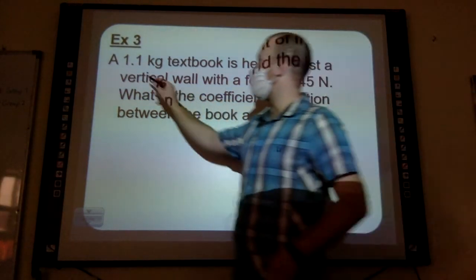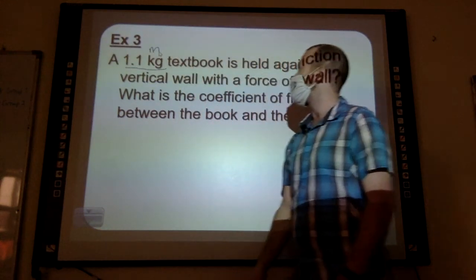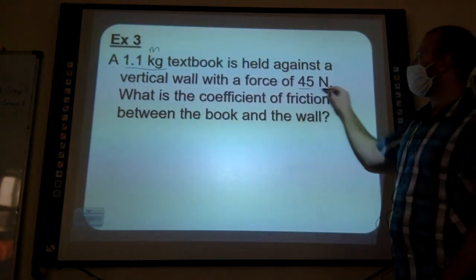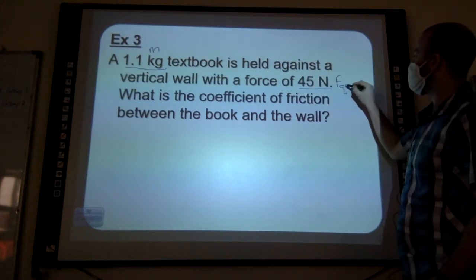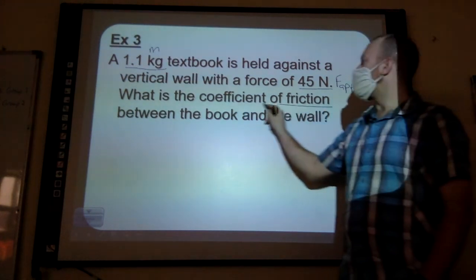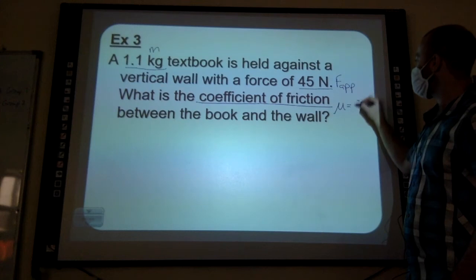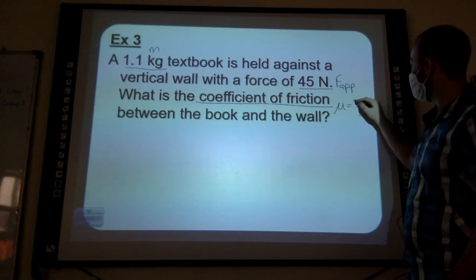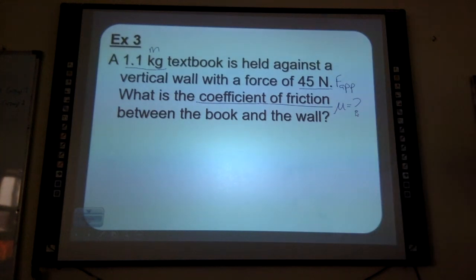So we've got a mass. It's kilograms, so obviously that's mass. We've got a force. We're told it's held with this force, so let's just call this a force applied. And we want mu. Question mark. Anything else we're told in the question?